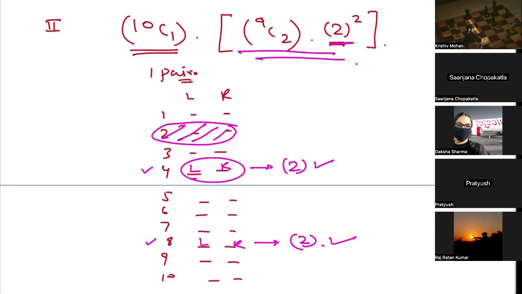So should we multiply by 4 factorial or divide? Divide, because of ordering. Yes, you are giving the order. Already given, but in this case, we are not taking the order because we have not done that earlier. That's the reason I'm not taking the orders. Without order, I'm doing that.